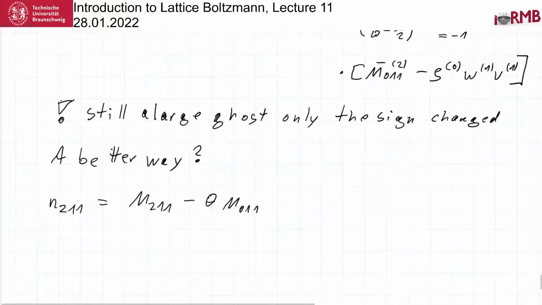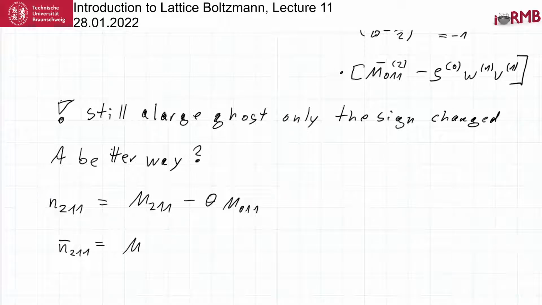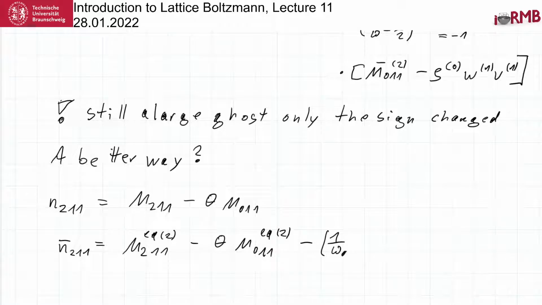So if we do the asymptotic analysis of this guy, we get, of course, M211 equilibrium second order minus theta M011 equilibrium 2 minus 1 over omega minus 1/2, and here comes now theta square rho 0.